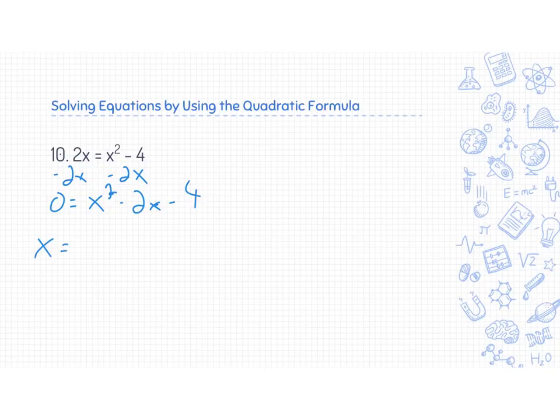And so we get x equals negative b, which is a negative 2. So don't forget that negative in front and the negative that is with the b as well.